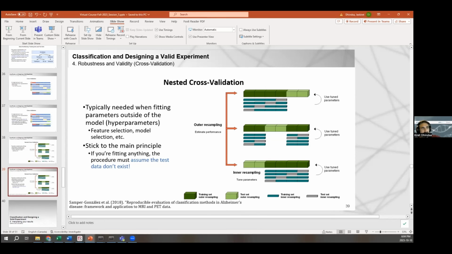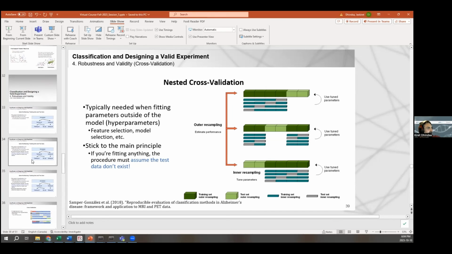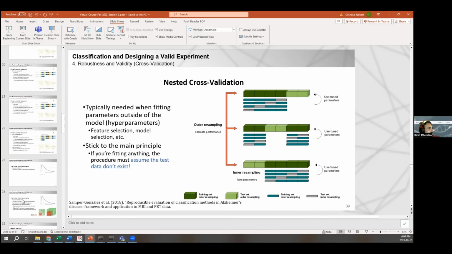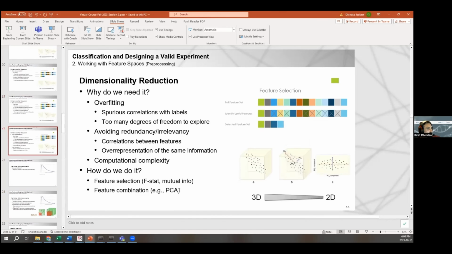The answer is yes. I actually previously had a slide that mentioned LDA and then took it out for simplicity. So I almost answered your question before you asked it. I mentioned, for example, using PCA over here for feature combination, and LDA in the supervised case.